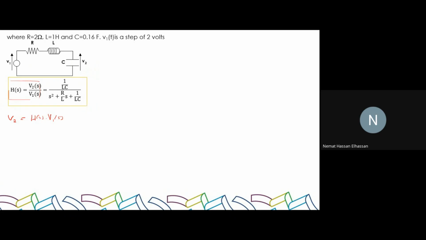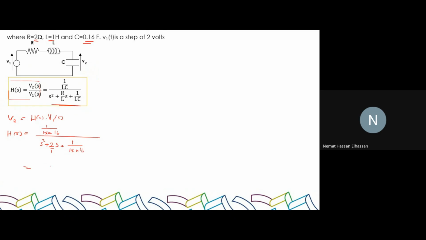Let's look at what is the value of H of S. This is the transfer function. I'm going to just substitute R equals 2, L equals 1, and C equals 0.16. So H of S is equal to 1 over 1 times L, which is 1, C is 0.16, divided by S squared plus R over L, 2 over 1, S plus 1 over 1 times 0.16.